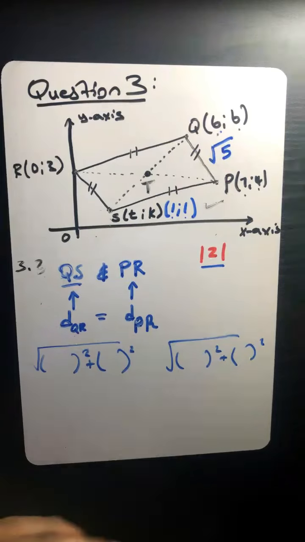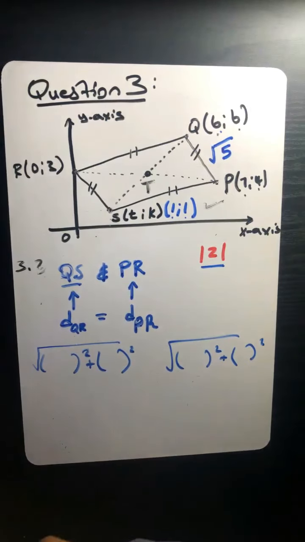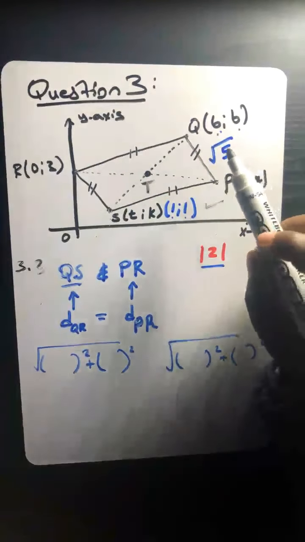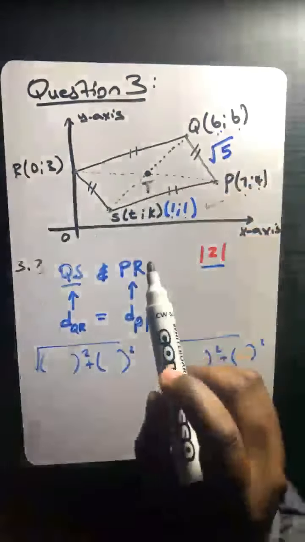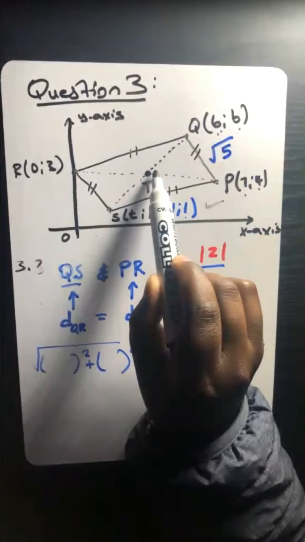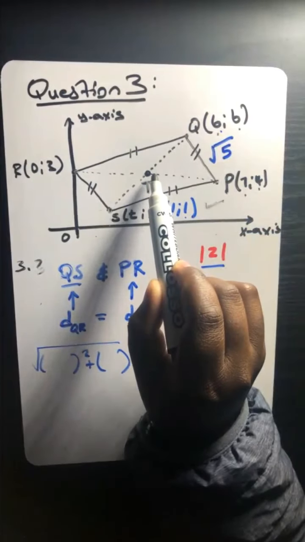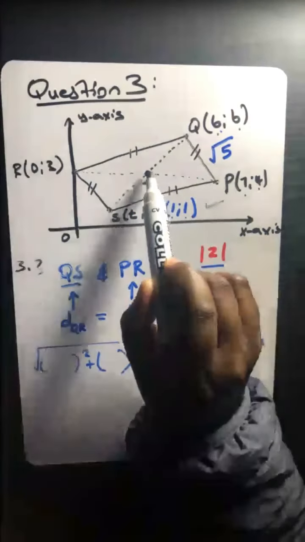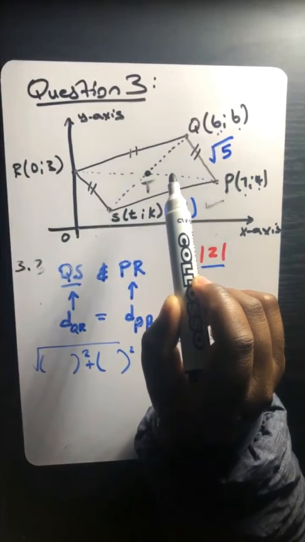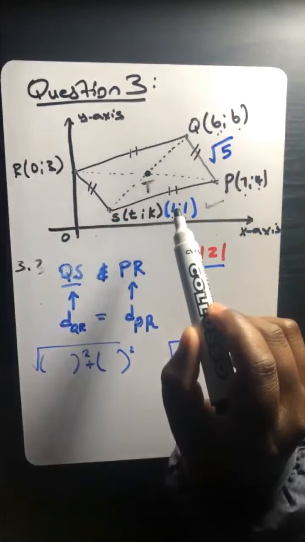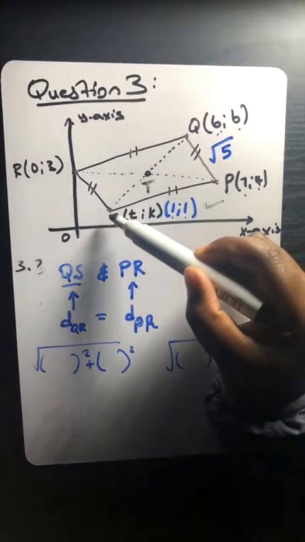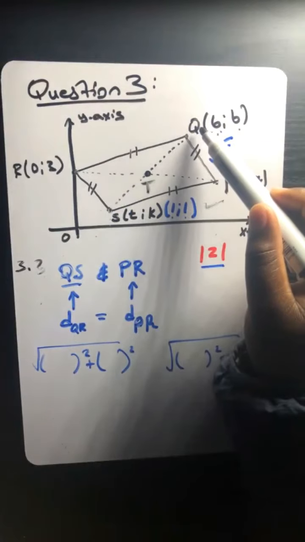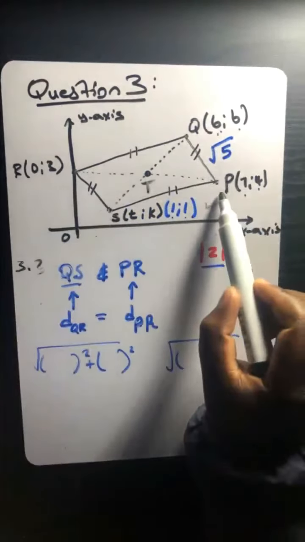The other thing that I wanted to say, guys, is that because I know that this is a quadrilateral, if I can prove that the midpoint of these 2 points is the same, then it means indeed this is a quadrilateral, and therefore with reasons I can say the midpoint of QS is the same as the midpoint of RQ.